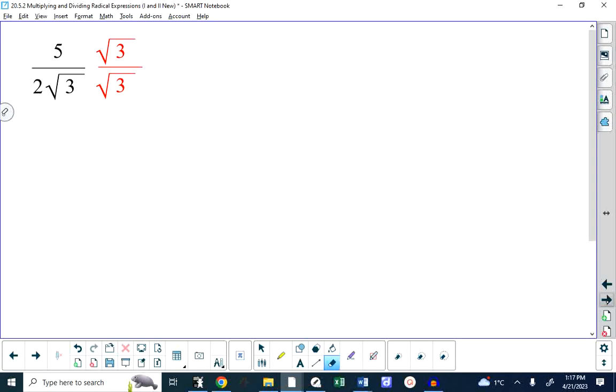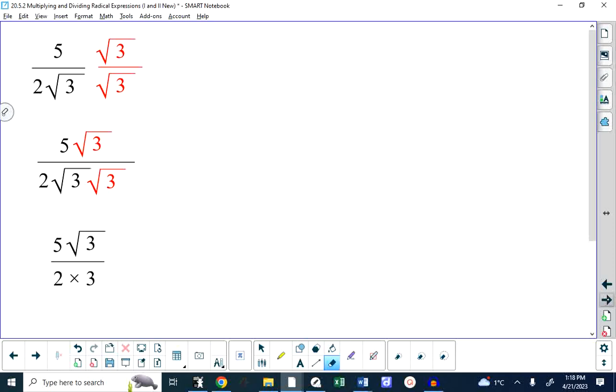Can somebody tell me what that thing that I've written in red, what is root 3 over root 3? It's 1. We're multiplying that expression by 1. And when you multiply by 1, you maintain the value. So what do we get then? What do we get on the top? We get 5 times root 3. On the bottom, we get 2 times root 3 times root 3.